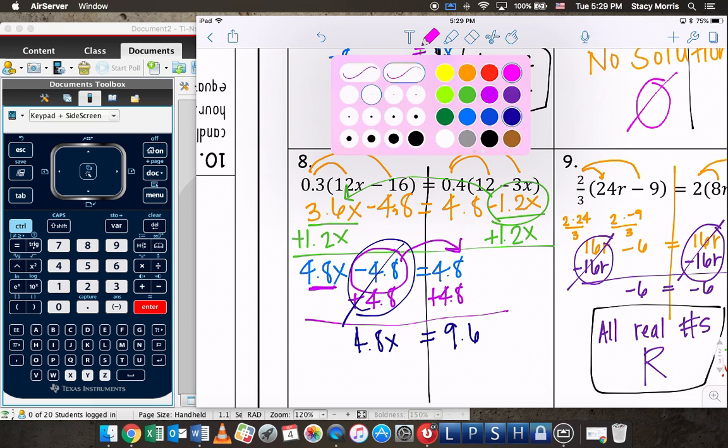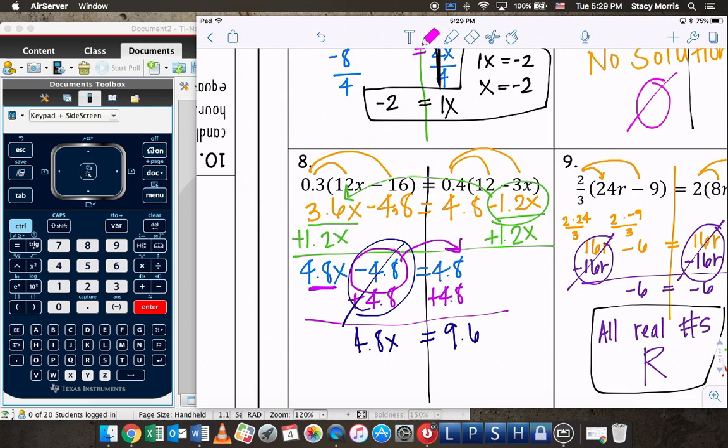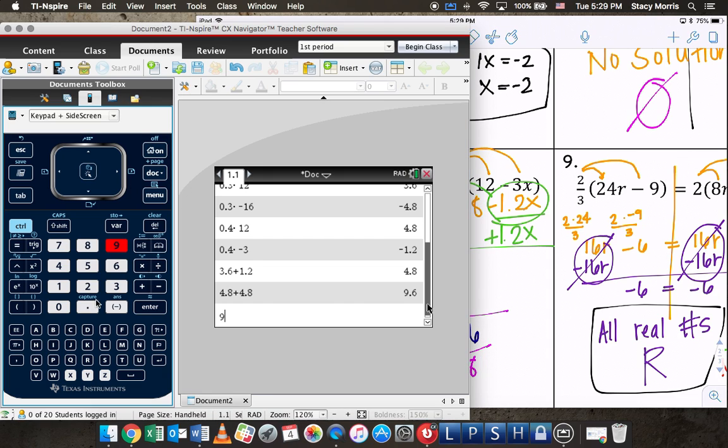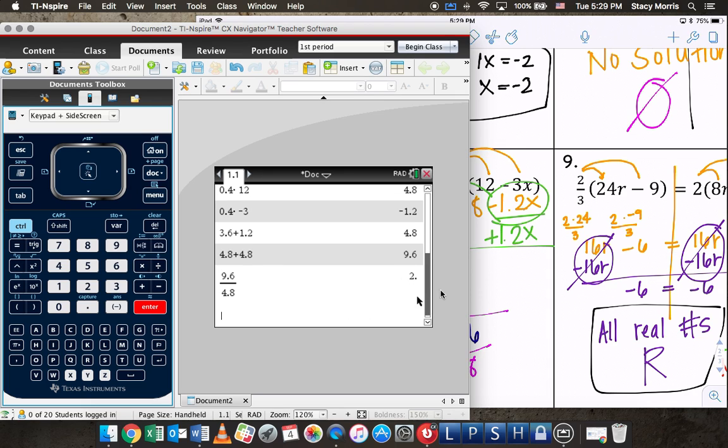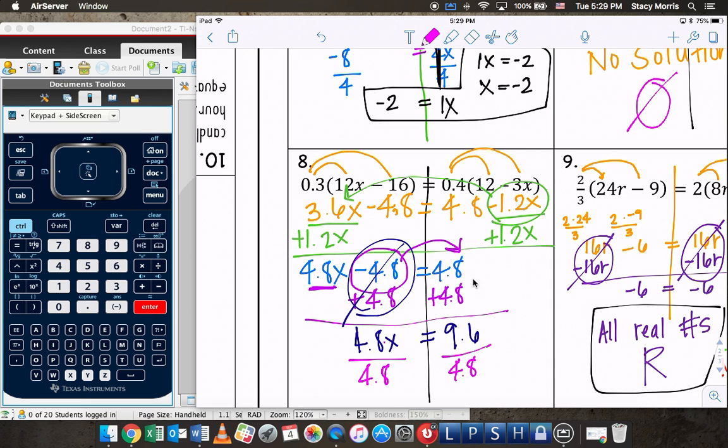So we want to undo this operation. 4.8x means 4.8 times x. So we do the opposite, which is divide. So divide by 4.8, divide by 4.8. If you use your calculator, 9.6 divided by 4.8, many of you probably already know that is 2. So our answer here is going to be x equals 2.